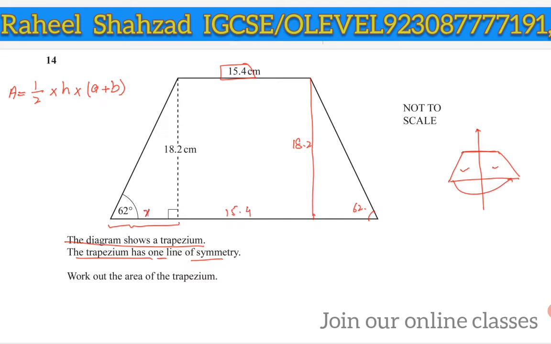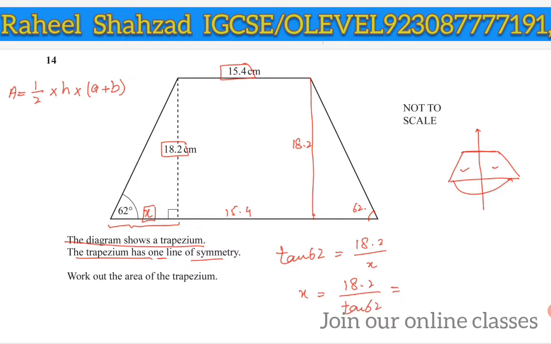So we just need to find this base first, and we have opposite and adjacent. We can apply tan of theta is equal to 18.2 divided by x. That makes x equal to 18.2 divided by tan of 62.